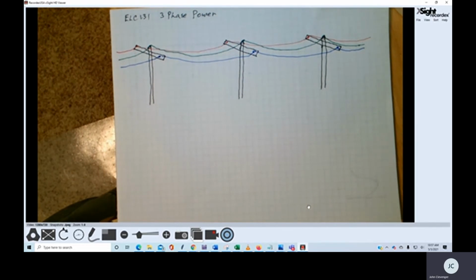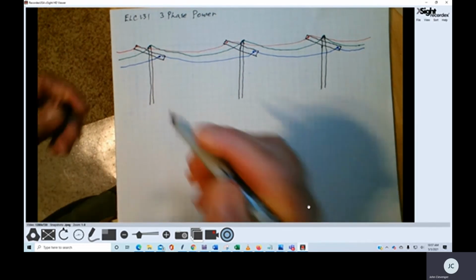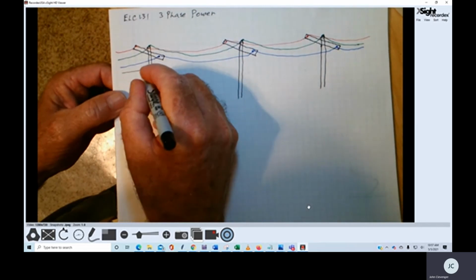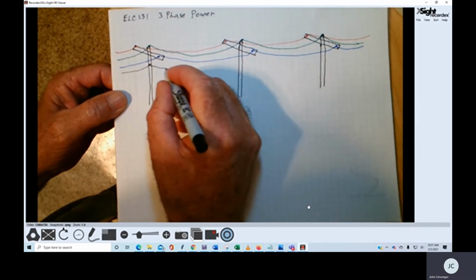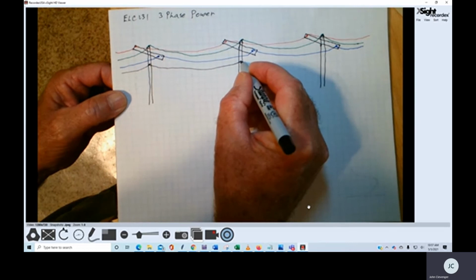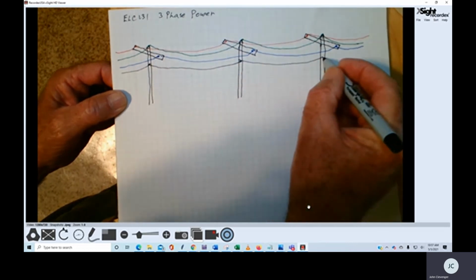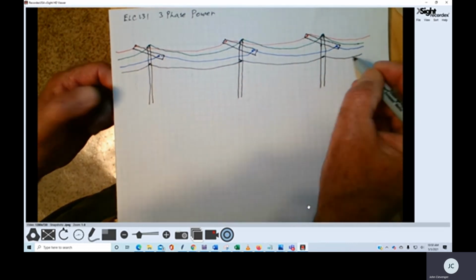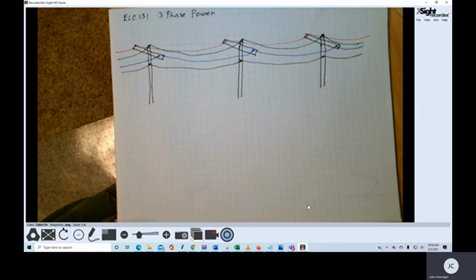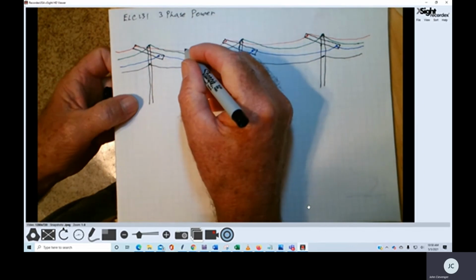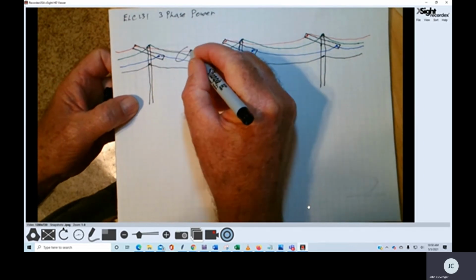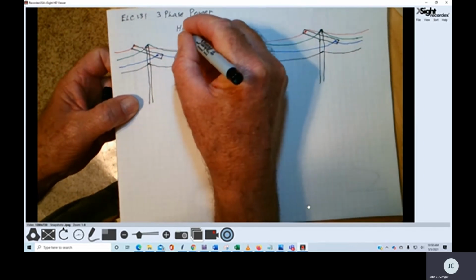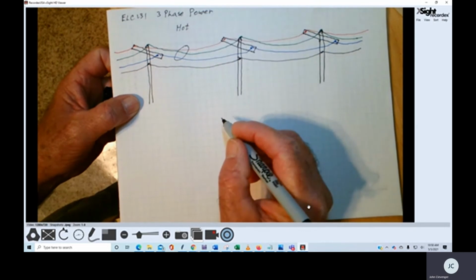And then there'll actually be a fourth wire here that connects to a point lower on the pole. There we go. And these are actually suspended with insulators off of the pole, but I won't try to sketch those in here. Now, these three conductors right here are our hot conductors.